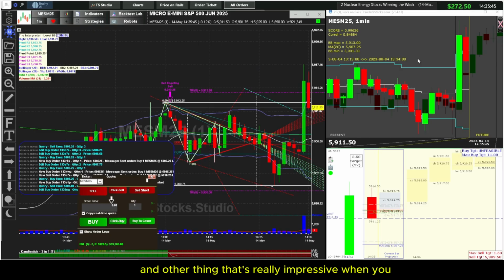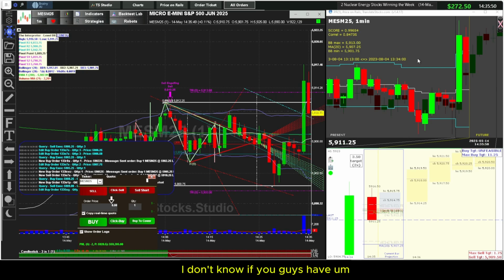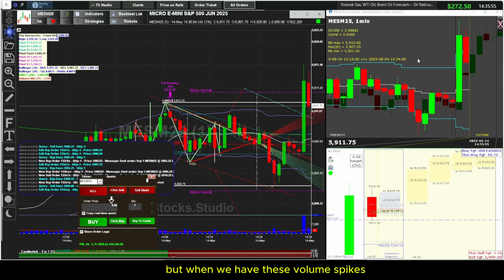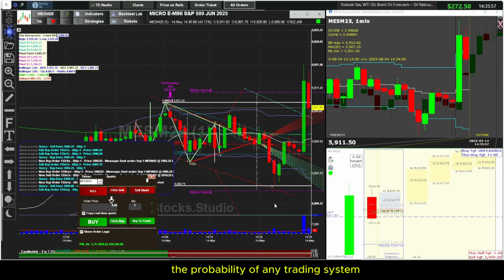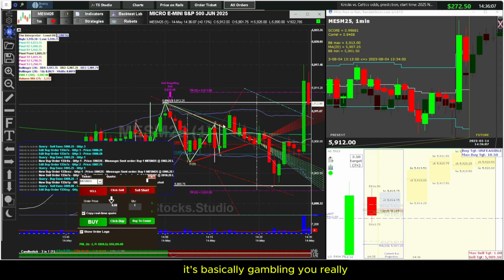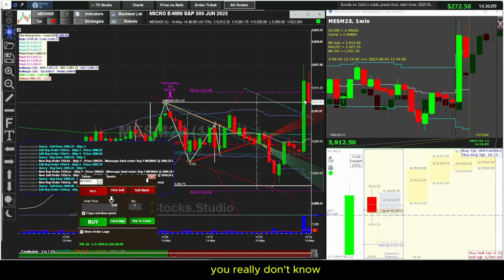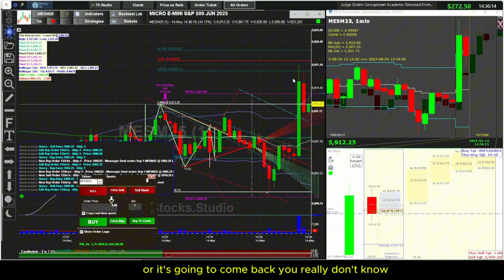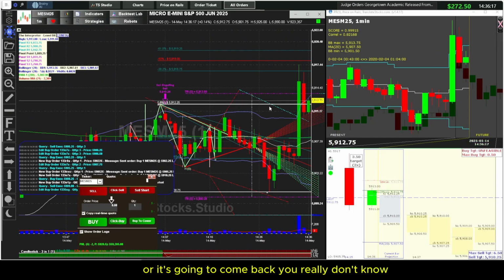And another really impressive thing, I don't know if you guys have done this kind of backtesting, but when we have these volume spikes, the probability of any trading system falls to 50%. Trading these movements is basically gambling. You really don't know if it's going to follow the same trend or come back.